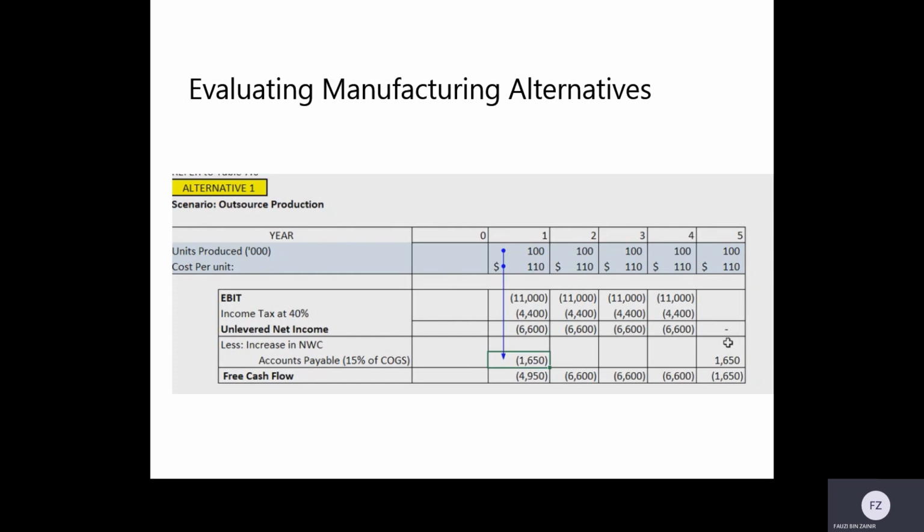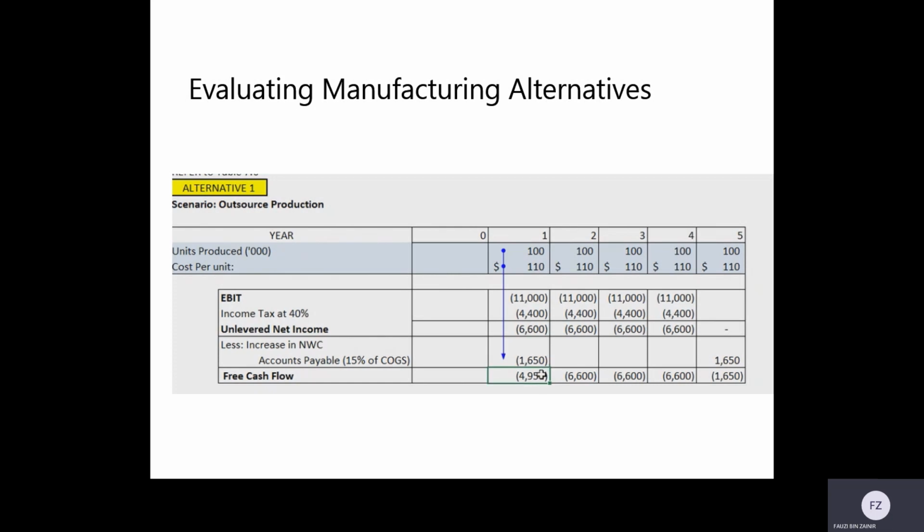And in year five, because you have 0 minus 16,500, you have minus 1,650. But a minus in your accounts payable here is actually a positive. If you have a minus figure here, it's actually a positive.